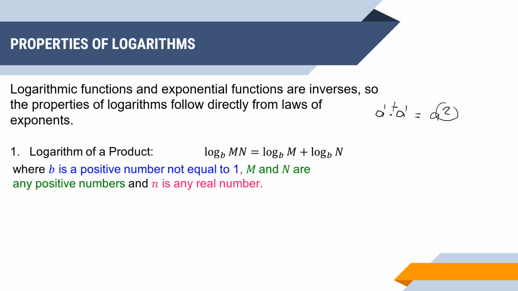So let's have some examples. For instance, we have the log of base 6, then we have here 5 times 3. Based from our logarithm of a product, this is equal to what?